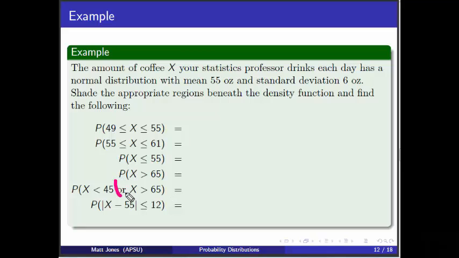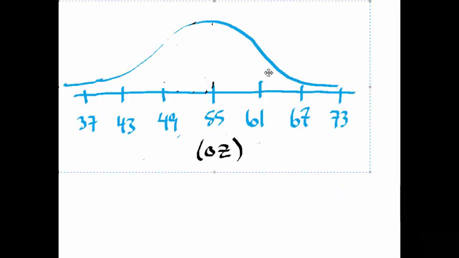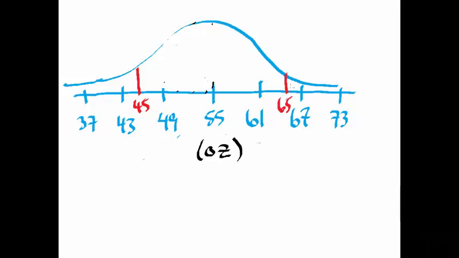Now, what's the chance that x is less than 45 or greater than 65? I could replace that "or" with a union symbol if I wanted to. Let me draw a picture of that. The chance that x is less than 45, which would be about here, or greater than 65, which is about here. 65 is 10 up from 55, and 45 is 10 down from 55.